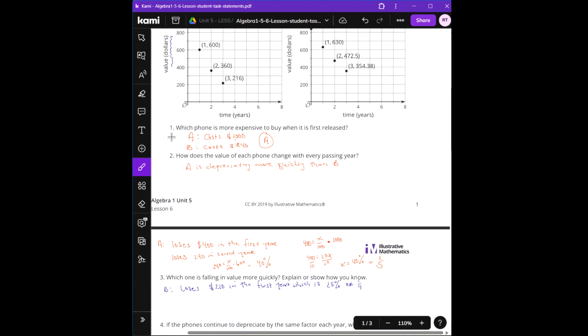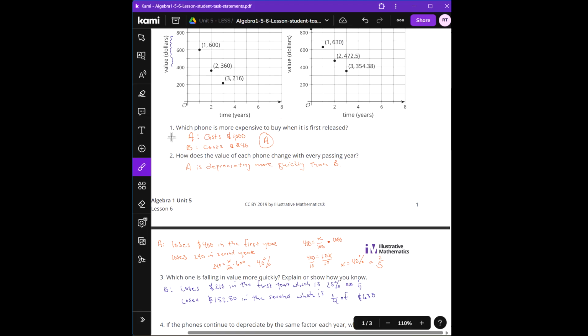And then it's going to lose $157.50 in the second, which is 1/4 of $630.